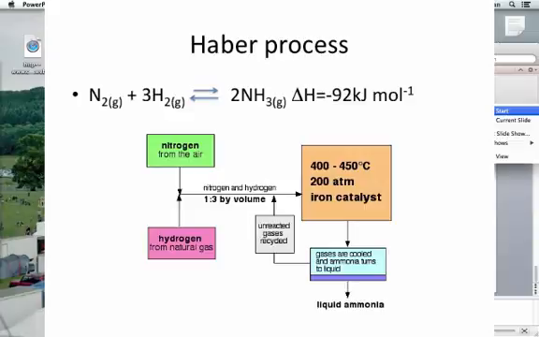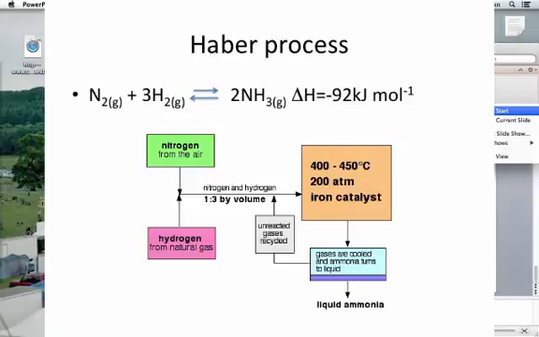Now, 200 atmospheres of pressure is quite obvious. We've just said if we increase the pressure, it's going to move to the right, increasing our yield of ammonia because that's where the lower pressure is. The iron catalyst will increase the rate of both the forward and back reactions, but it means that things happen a bit faster. And 400 to 450 degrees C is not going to increase the yield because it's exothermic in the left to right direction.